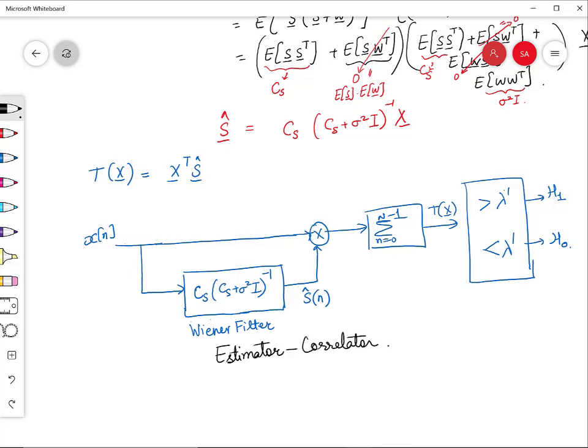Why is it called estimator-correlator? Because what we are doing is we are first estimating the signal, and then we are correlating this estimated signal with the input. Okay, and then we are making the decision. So such a detector is called an estimator-correlator for the detection of Gaussian random signal in white Gaussian noise.